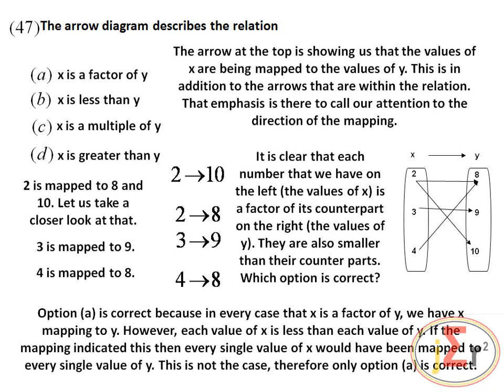However, each value of X is less than each value of Y. If the mapping indicated this, then every single value of X would have been mapped to every single value of Y. So, because this X is not being mapped to also 9 and 10, being less than 9 and 10, we are sure that this mapping is not indicating that X is less than Y. We do not have each value of X mapping to the values of Y that it is less than.